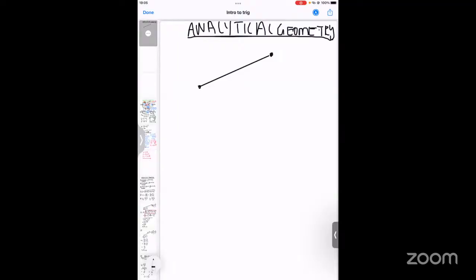That straight line can be represented in the form of an equation or a formula. So what I'm going to be teaching in today's lesson is to determine an equation of a straight line.